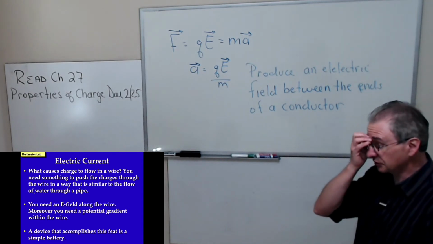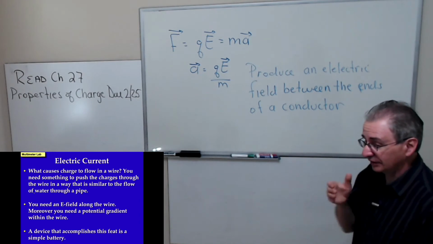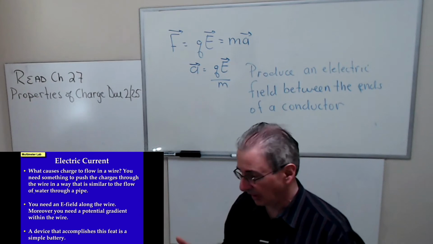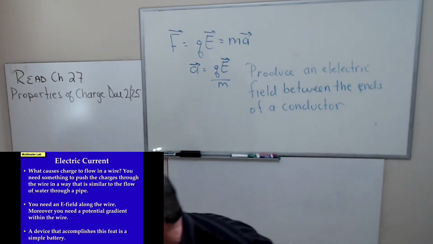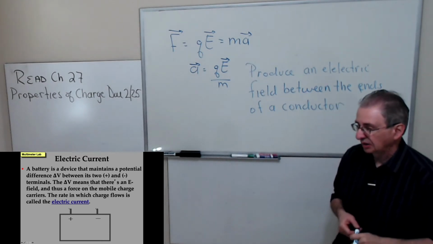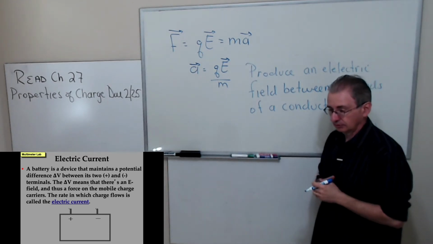So how do we produce the electric field? Well, the device that does it is a battery. There's also a power supply, but let's just focus on the battery for now. What does the battery do?